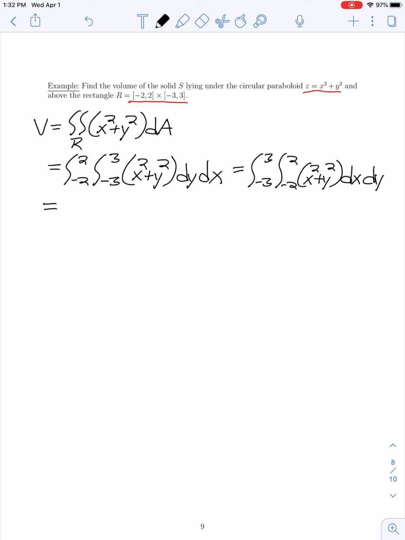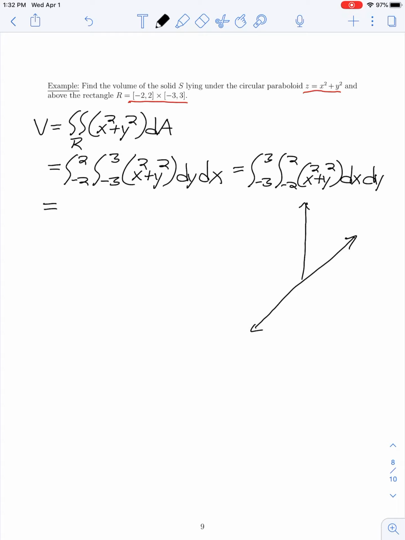So here, one thing that we could make use of to make this problem a little bit easier is the symmetry of our solid. So rather than integrate over this full rectangular region, if we visualize our solid, we see that it's symmetric about the x and y axes.